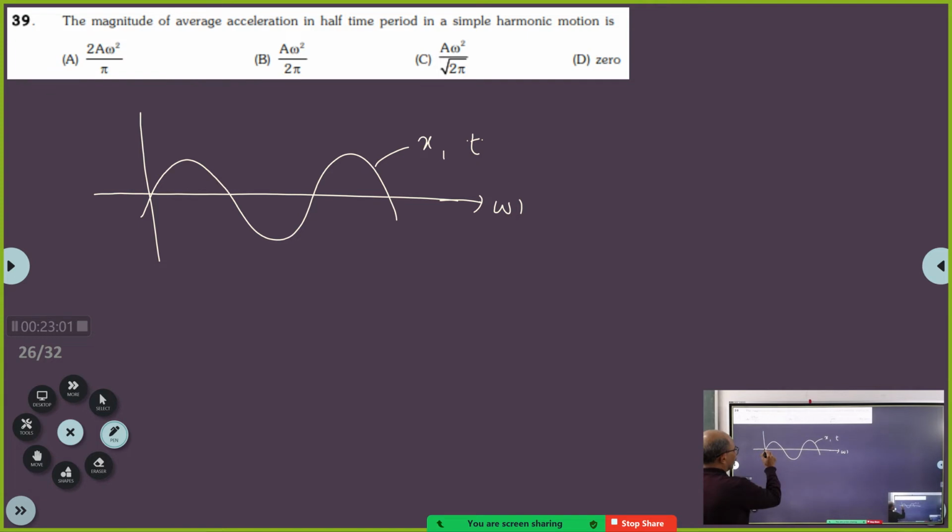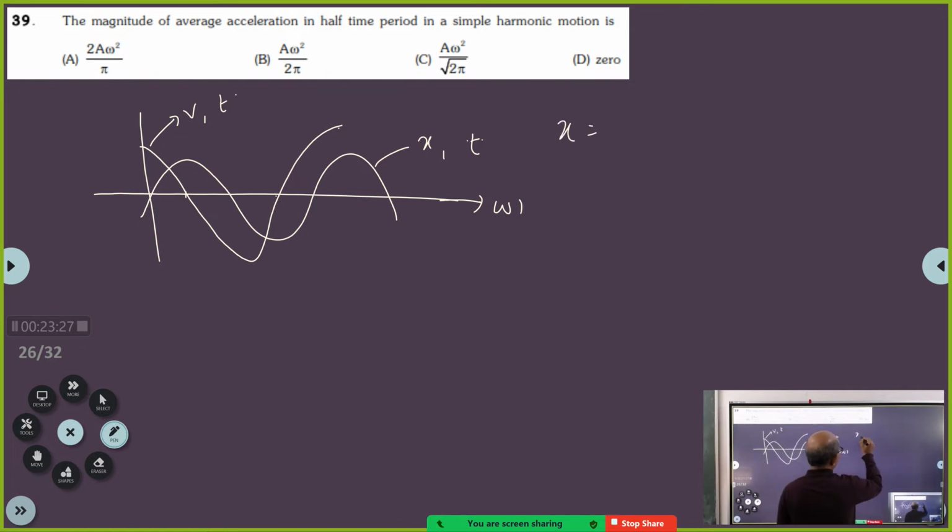Then, what is this waveform? Velocity versus time. Correct? Then, how will the acceleration versus time look?